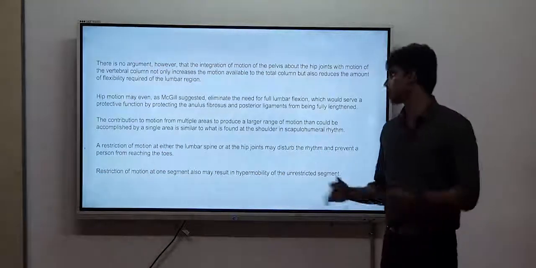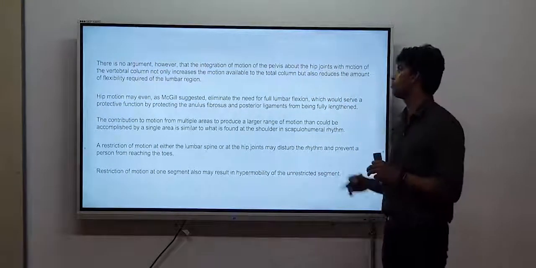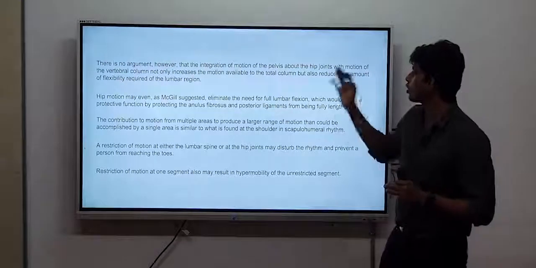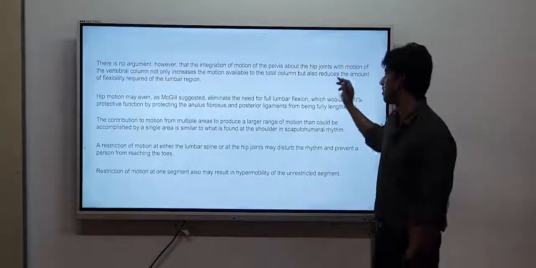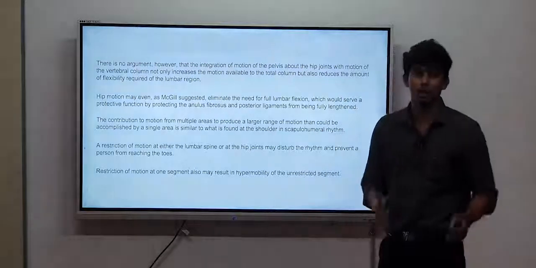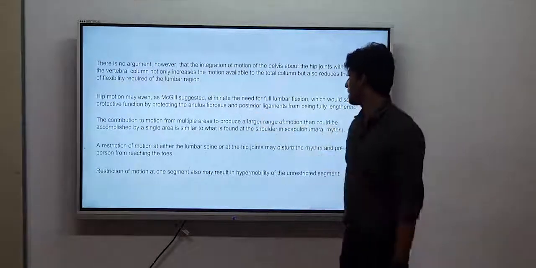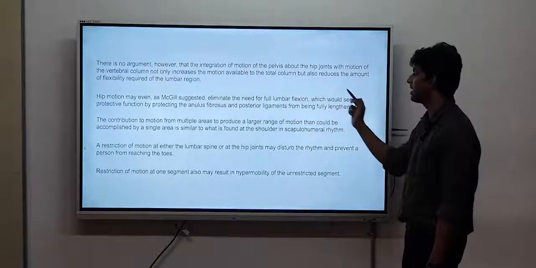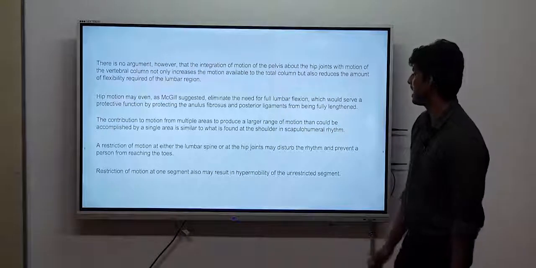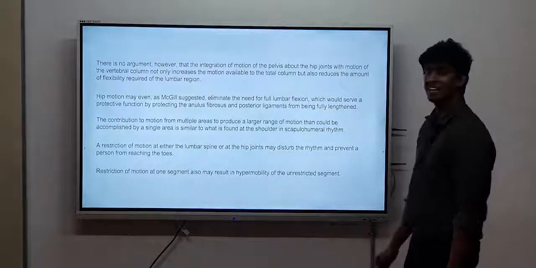So there is no argument, however, that the integration of the motion of the pelvis about the hip joint with the motion of the vertebral column not only increases the motion available in the total column but also reduces the amount of flexibility required for the lumbar region. McGill suggested that this eliminates the need for full lumbar extension, which would serve a protective function by protecting the annulus fibrosus and posterior ligaments from being fully lengthened.